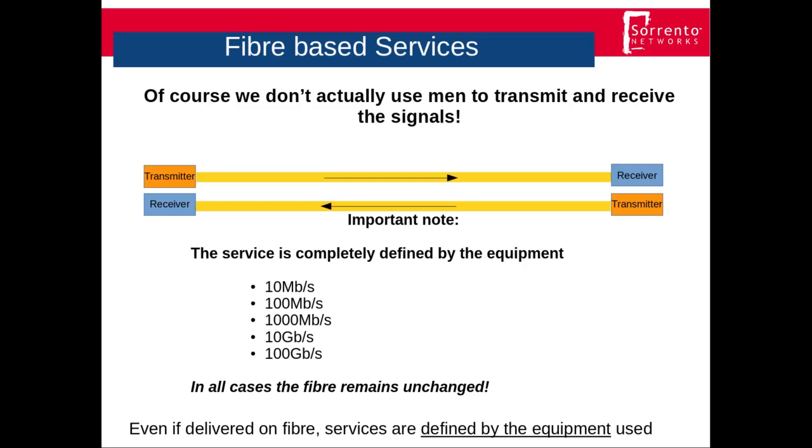It could be 10 megs, it could be 1,000 megs, or it could be 100 gigs. But the interesting point to note about that is that the line speed which is achieved over the fibre is completely determined by the equipment that's connected to it. The fibre itself doesn't care because it has virtually infinite bandwidth, unlike copper wires, for example, which may be limited to a few hundred meters.